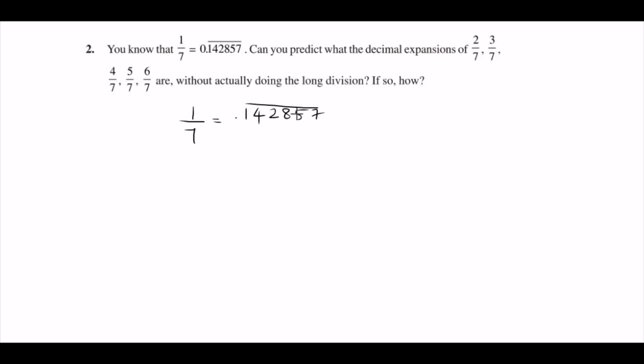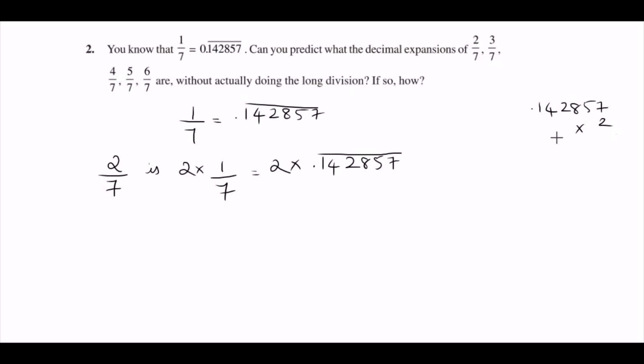So here 1 by 7 is given, that is, it has the decimal expansion 0.142857 bar. So if you want to find 2 by 7, 2 by 7 is 2 into 1 by 7. So you multiply 2 with this decimal expansion, that is 0.142857 bar. So you will get 0.142857 into 2.